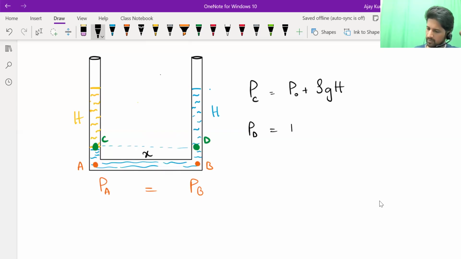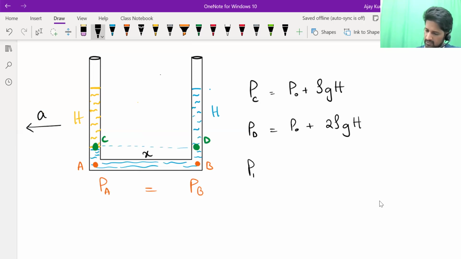Pressure at D would be P naught plus density of blue liquid 2 rho g h. And these two will definitely not be equal. Container is accelerated horizontally, no? So horizontally at the same level, there will be pressure variation.